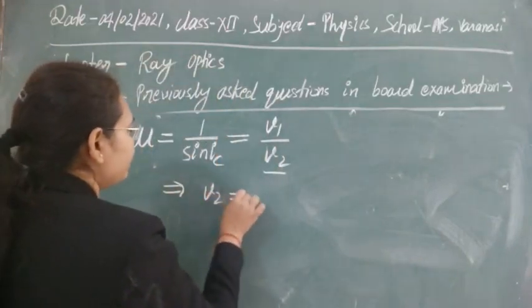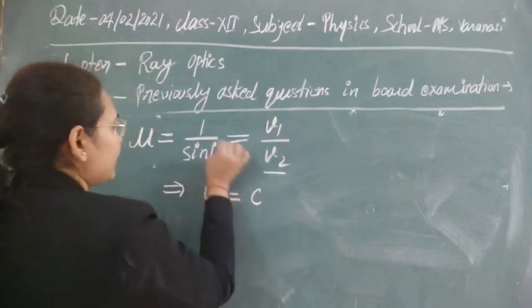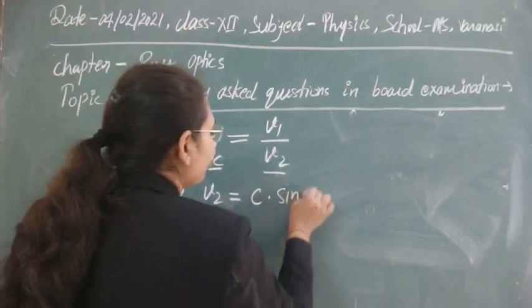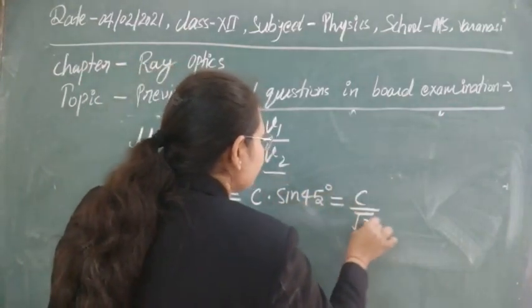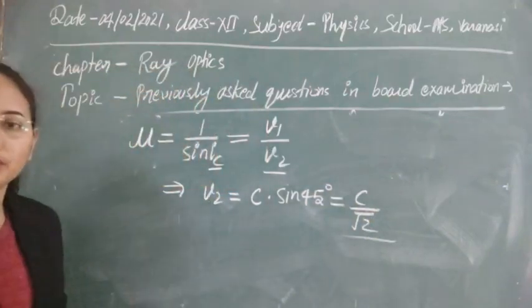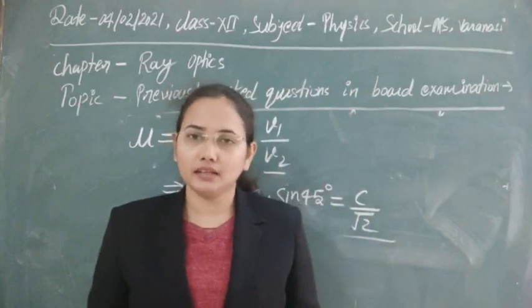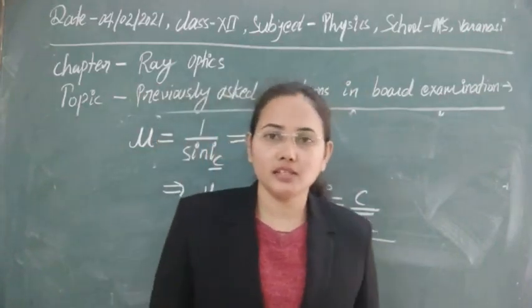Simple, the value of V2 will be equal to the value of V1, that is c, times sine IC. IC is given here, that is 45 degrees. If you solve that, this will be equal to c by root 2. So this is the value of the velocity of light in that particular medium on which the critical angle is 45 degrees.